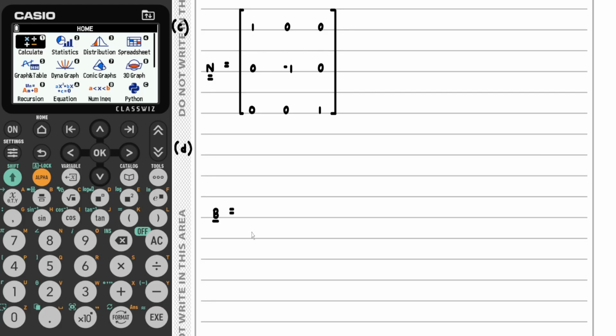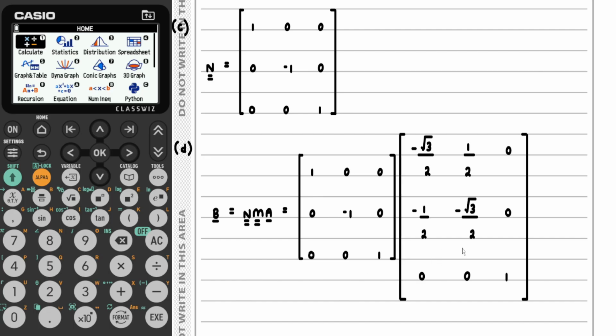The matrix B will equal N, M, A. The order here does matter. What we are doing here is applying matrix M to A and following that by applying matrix N. So we've got N, which is shown here in part C, followed by the matrix M, which is shown here, followed by the point A, shown here.